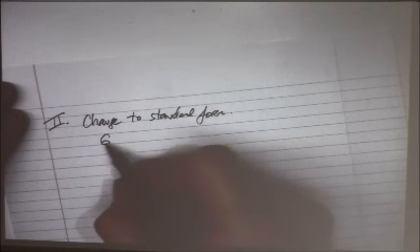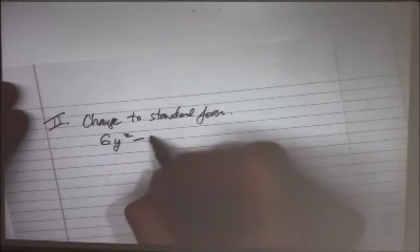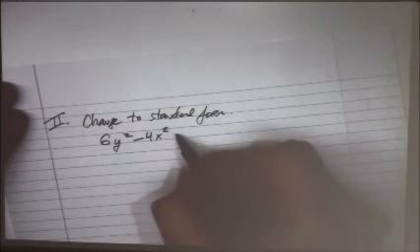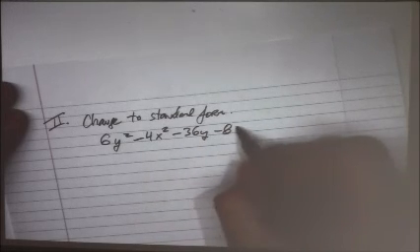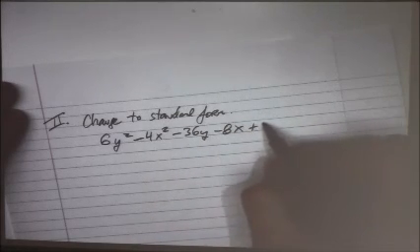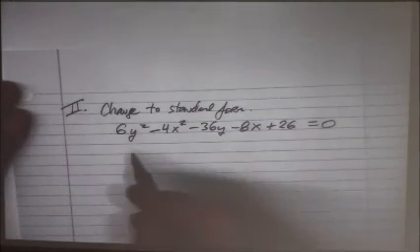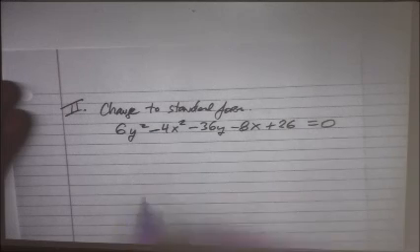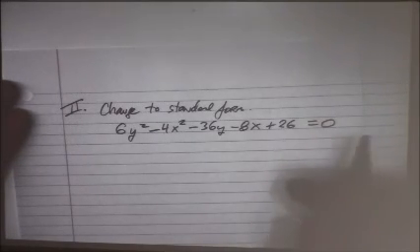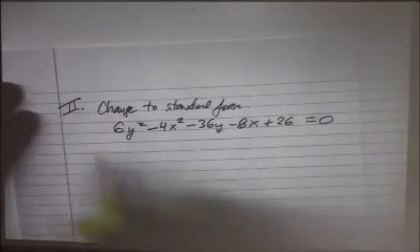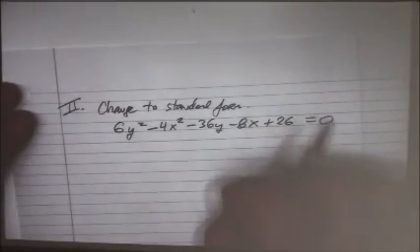And you will sometimes get it in the general form, which is 6y squared minus 4x squared minus 36y minus 8x plus 26 equals 0. All the conics can be written like this and then changed to their real standard form. This is called the general form. So in part 2, we're going to change this, and in part 3, we're going to graph it.